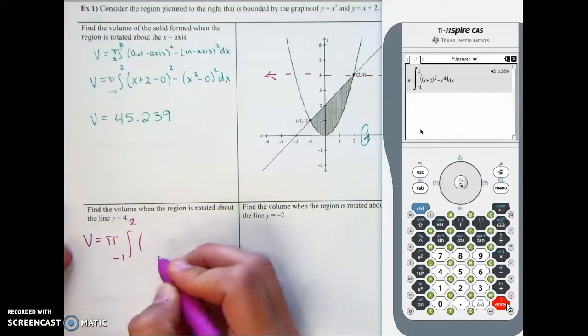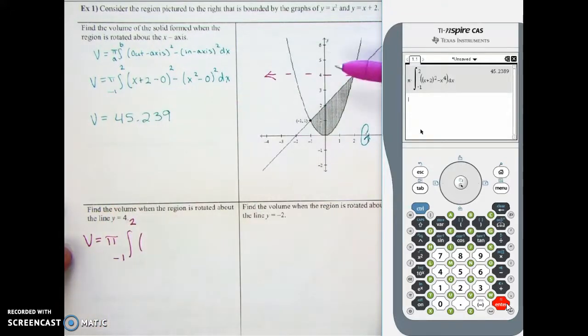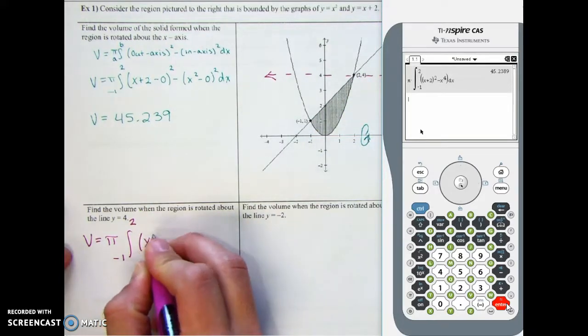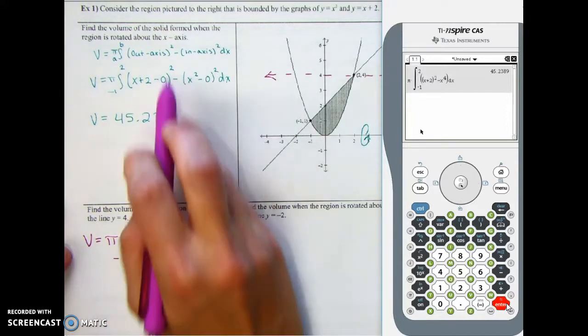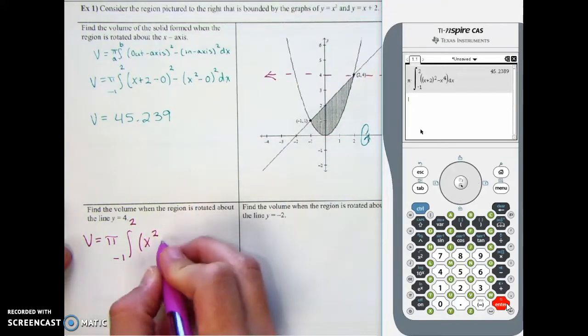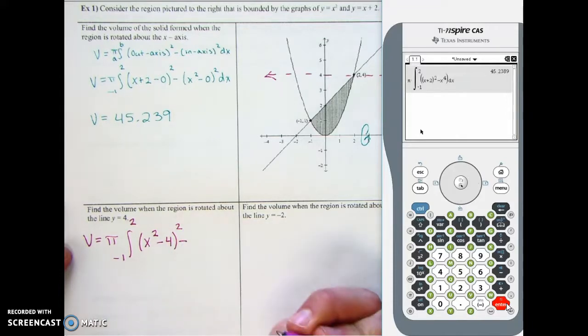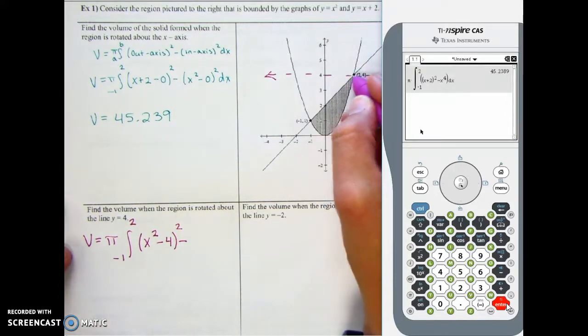But this time, what is our outer function? You have to say what is furthest from this axis. So furthest from this axis is now the parabola, x squared, minus the axis of rotation. So x squared minus 4, squared, minus, now what's the inner one?